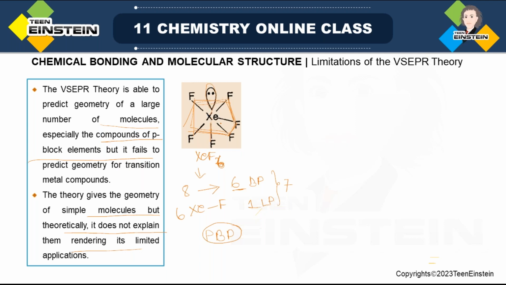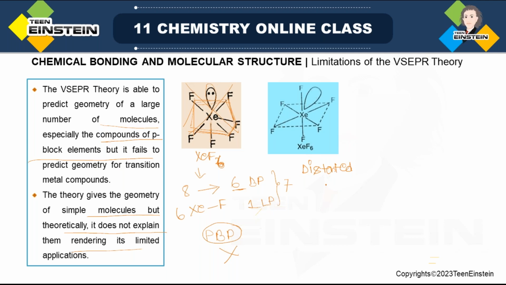And just 180 degrees to it, there is the lone pair. So this should be the ideal geometry, right? But actually this structure is not the experimental structure. Experimentally it was found that the structure is not PBP but distorted octahedral. This type of geometry is found experimentally.